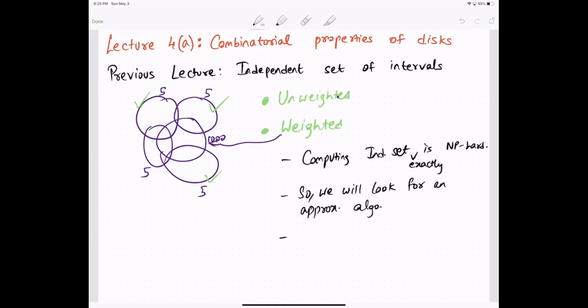In today's lecture, we'll exploit the special properties of disks, which do not exist in all geometric objects, but those which are specific to disks, and obtain a constant factor approximation for disks.